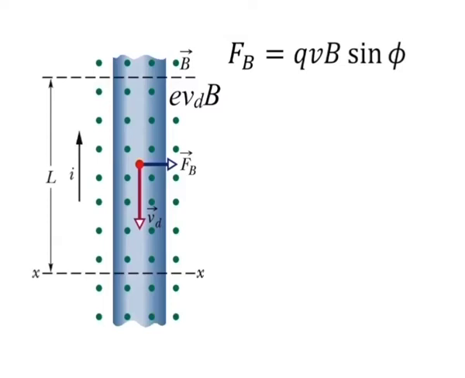From the equation F_B = qv × B, we see that this force must be directed to the right. We expect then that the wire as a whole will experience a force to the right.